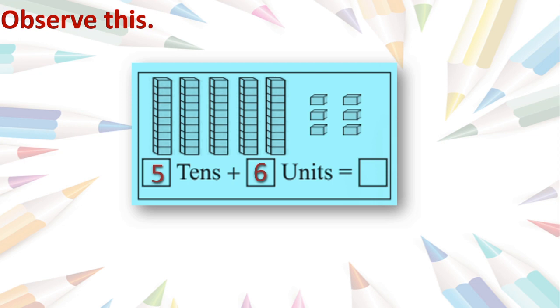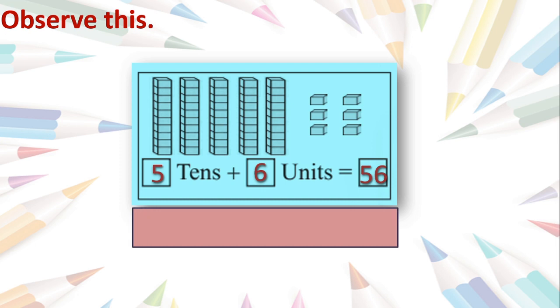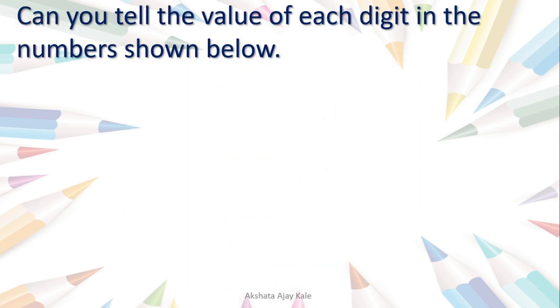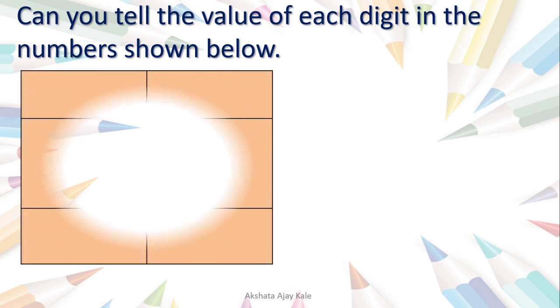Both together, that is 5 tens plus 6 units together make 56. Right? We'll write in words, 50 and 6, that is 56. Correct? Okay.